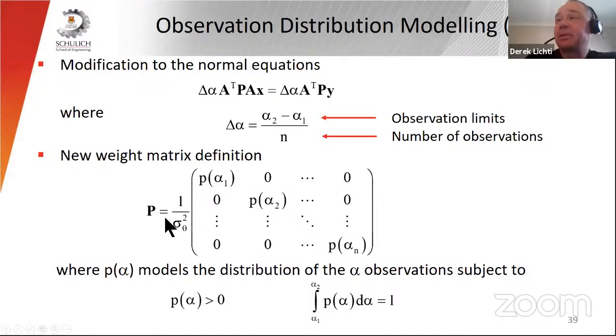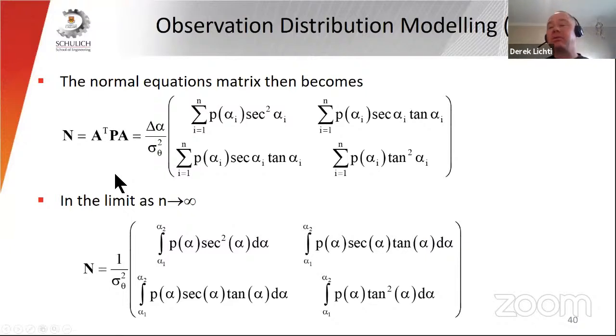It still has the precision of the observations, but now in the diagonal, it has a function evaluated at each elevation angle. And this function P models the distribution of the observations, much like we saw with the linear regression. Okay, and there are conditions placed on this function to make sure it's positive definite, and these extra weights are normalized.